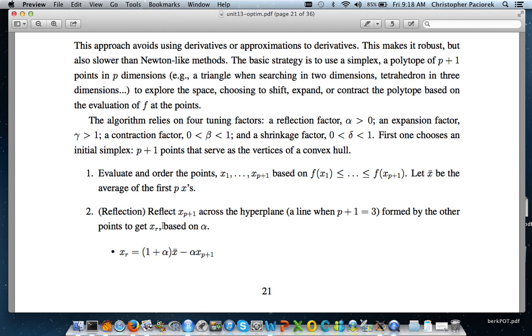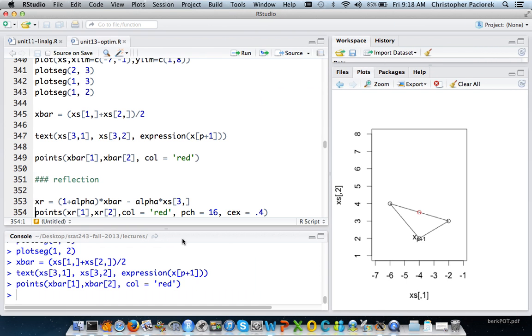Then we're just going to follow along with the algorithm here. I've defined it here as the second step, but the first meaningful step is to do a reflection. So what we're going to do is reflect from this point across this line, or a plane if it were in higher dimensions, to get a point over here.